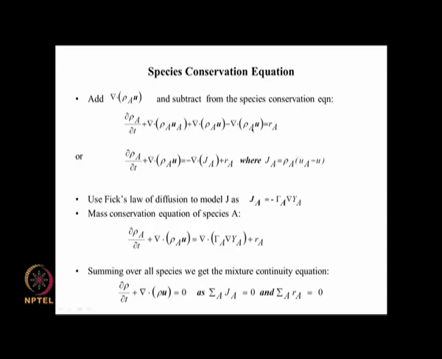And in order to get an expression which is more convenient, we do some algebraic, mathematical manipulations. So we add del dot rho A times u, where u here is now the value of the mixture property, not of the individual property, and so we have this plus this equal to R_A as the original equation.